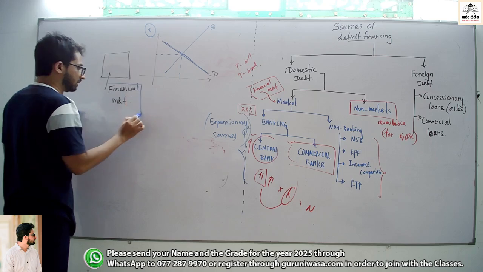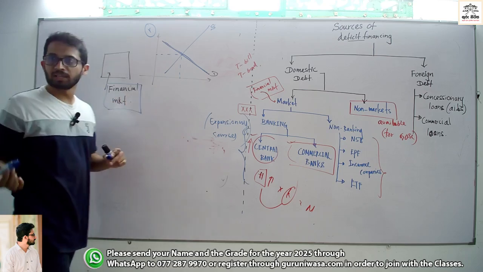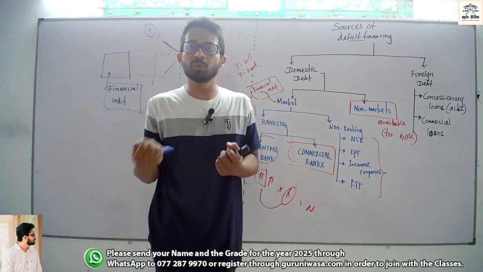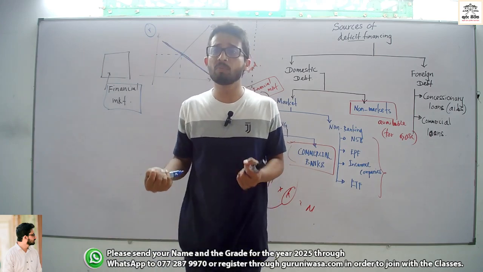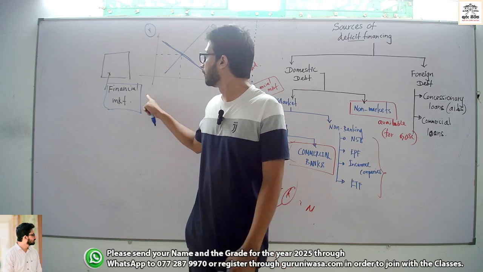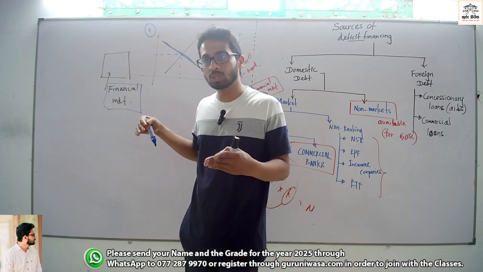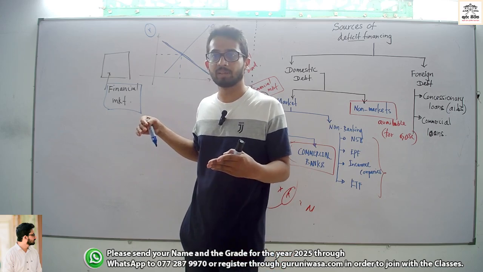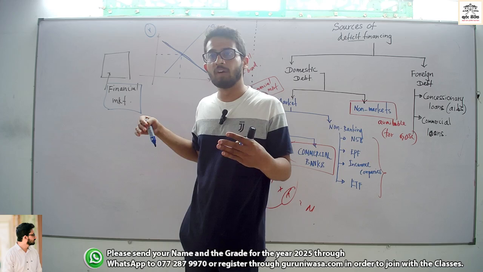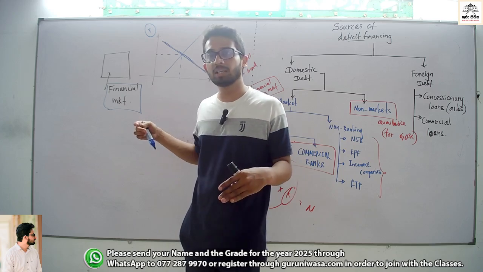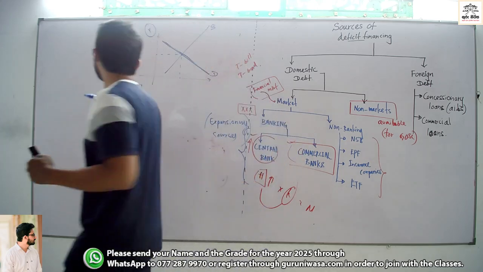Then, to give loans to someone else, we should have funds, we should have money. Remember, the main sources of funds coming to financial markets are savings.